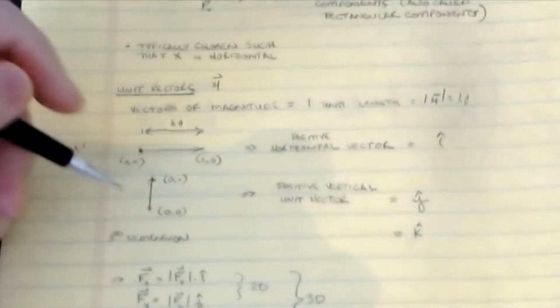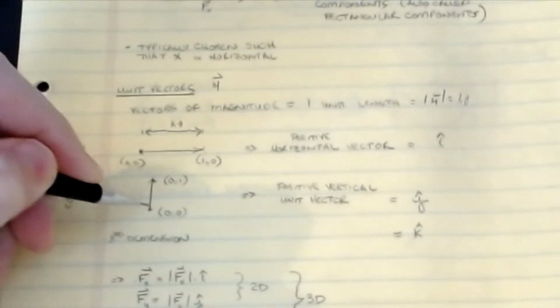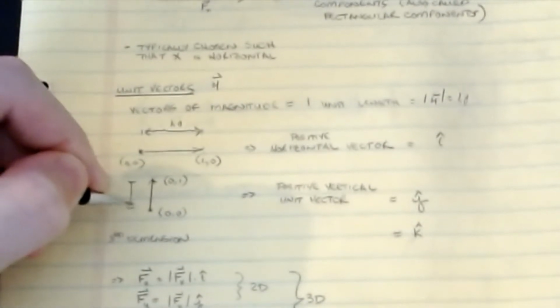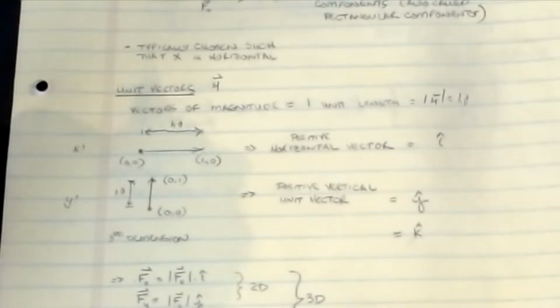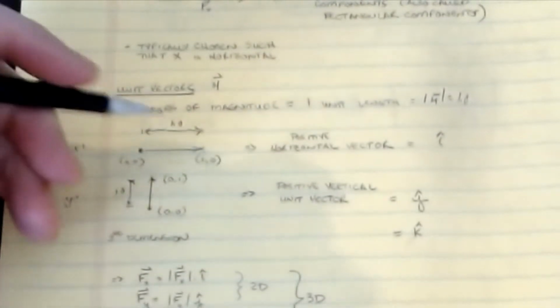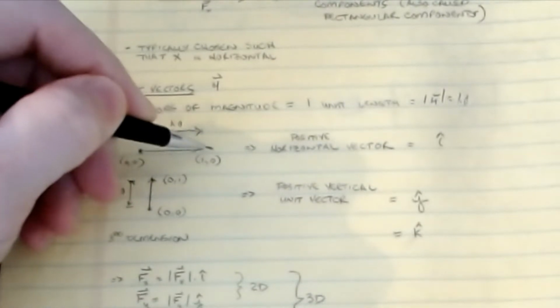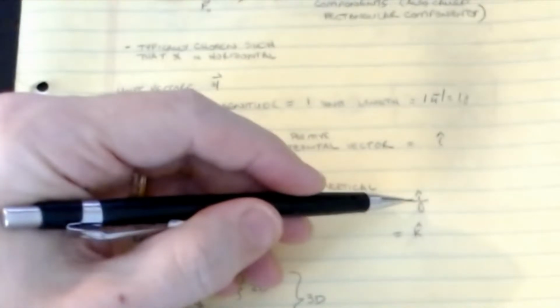Likewise, in the y direction, if I start at 0 and go up to 1.0, now we're playing the same game again. That's 1.0, and this would be a positive vertical unit vector because my positive y direction is up. Before, positive x was this way, so that was my i. And so we're going to call this j, a bolded j.